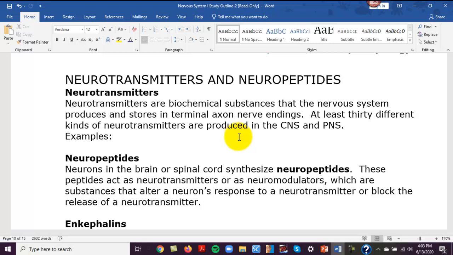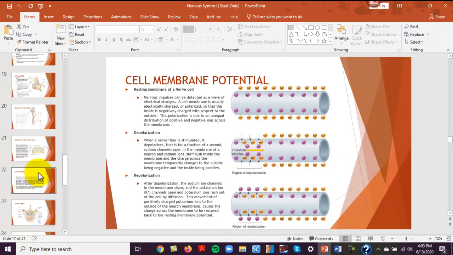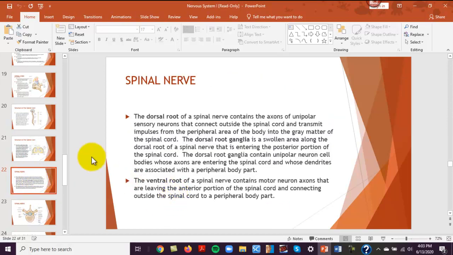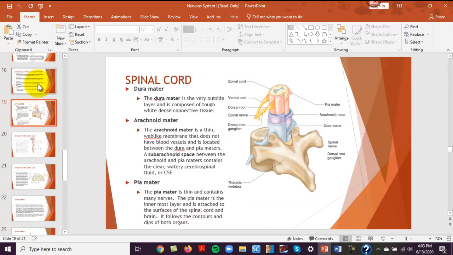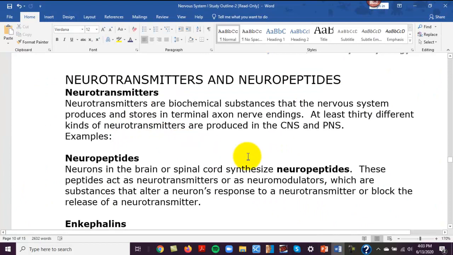The ones outside in the peripheral nervous system include acetylcholine and epinephrine also. Serotonin in the brain is linked to depression. Dopamine is linked to Parkinson's disease.